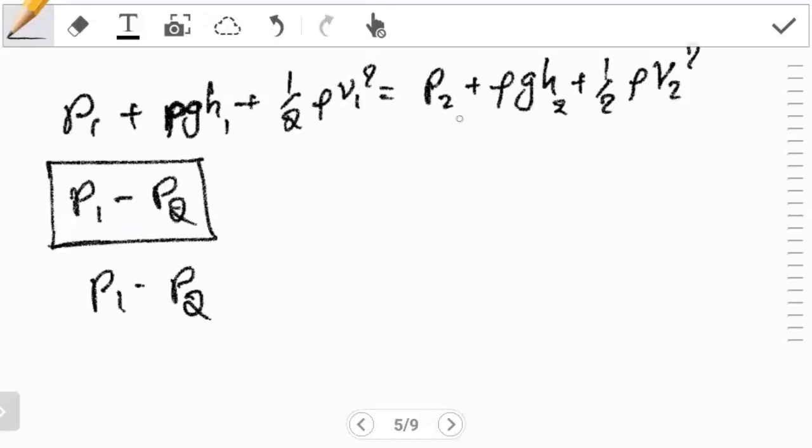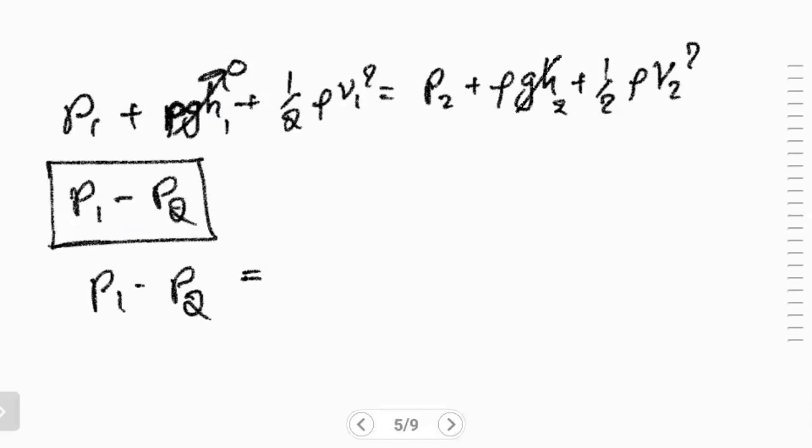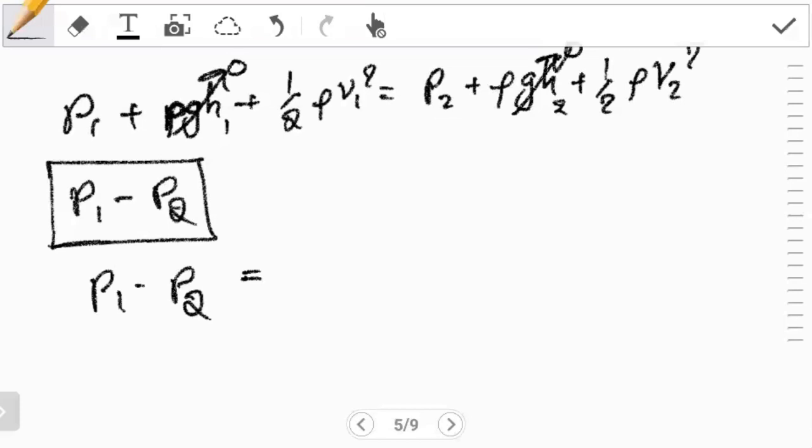Now, H1, so if we take this to be on a level surface, let's say this is happening on a horizontal, on the same point, meaning H1 is 0 and H2 is 0, meaning this term becomes 0 on both sides. What we will remain with is only the kinetic term on each side.